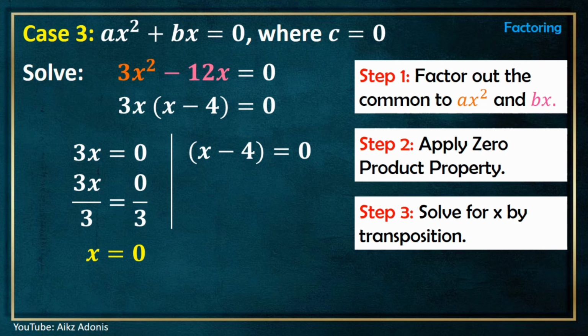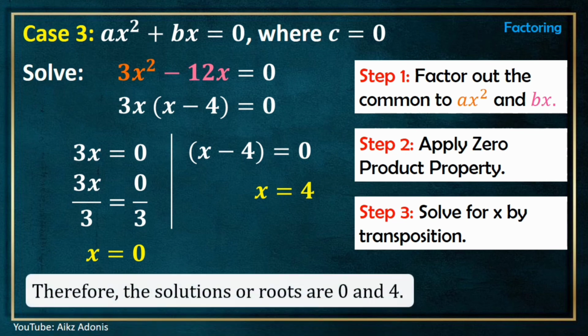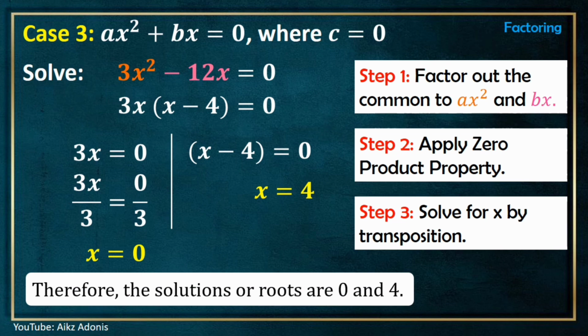Next, given x minus 4 equals 0, let's transpose negative 4 to the right. So, it will become positive 4. So, the second value of x is 4. Therefore, the solutions or roots of the quadratic equation 3x squared minus 12x equals 0 are 0 and 4.